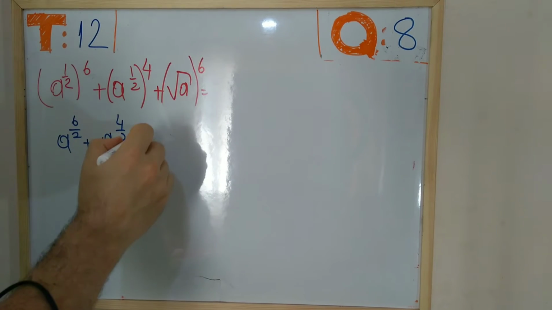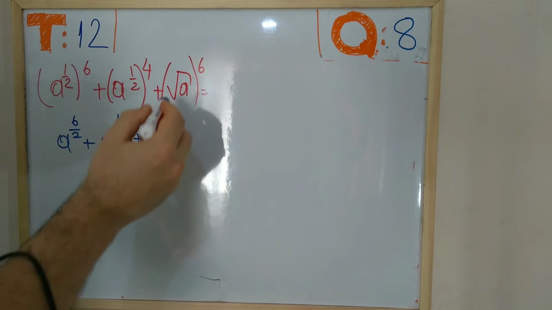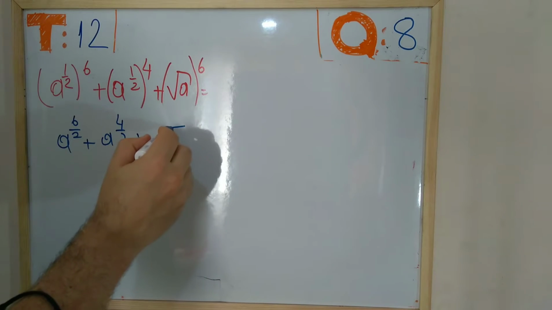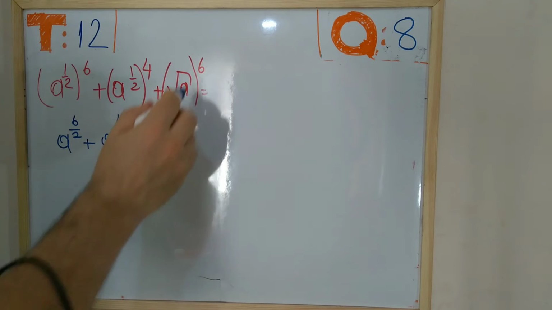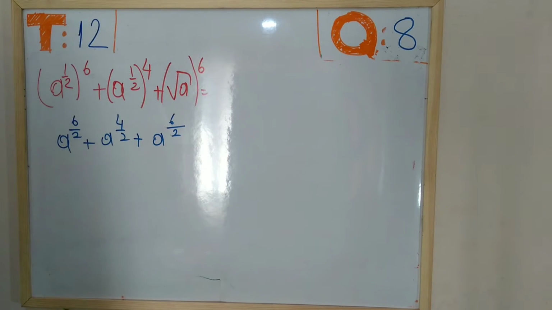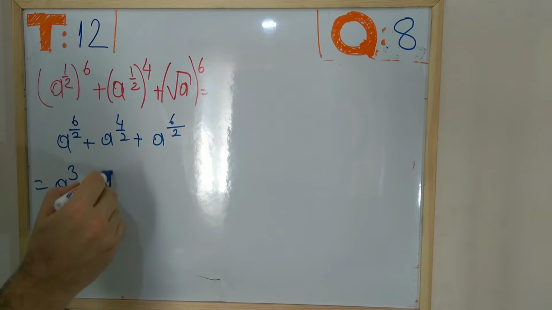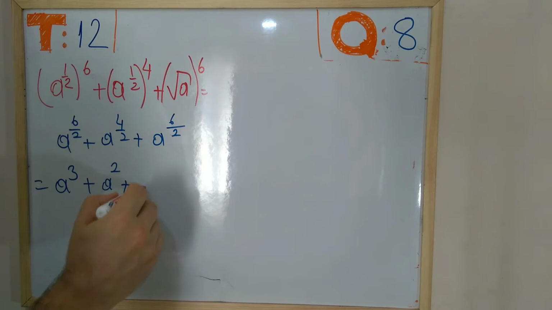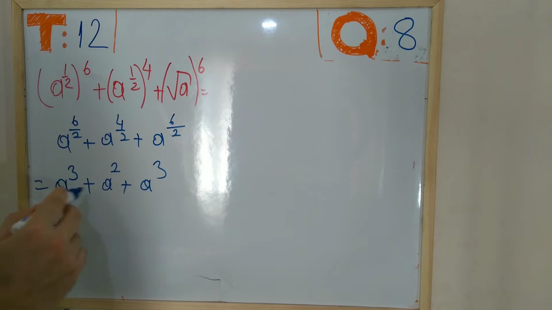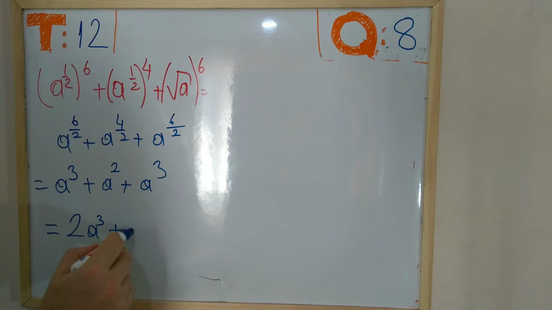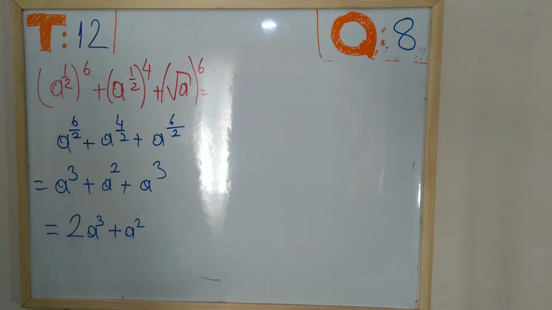And this is going to be a to the, since square root means denominator, 6 over 2 again, which is going to be equal to, this is going to be a cube, this is going to be a square, and this is again going to be a cube. What I have in my hand so is 2 a cubes, plus an a square.